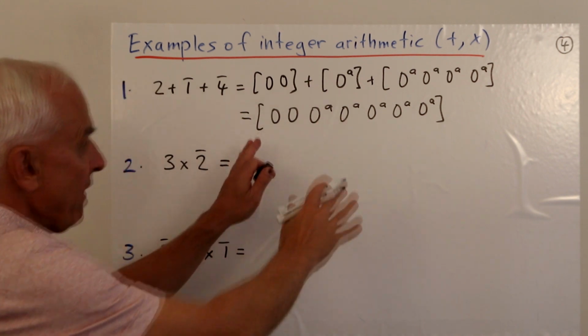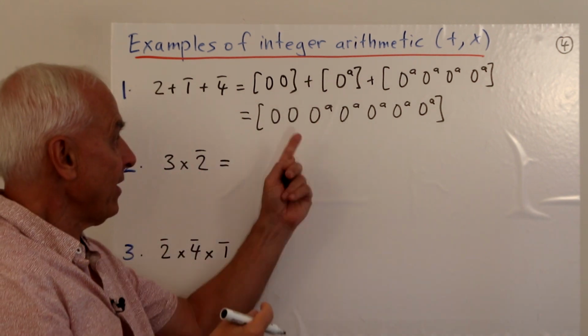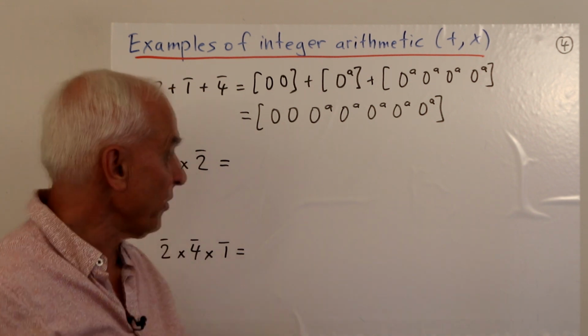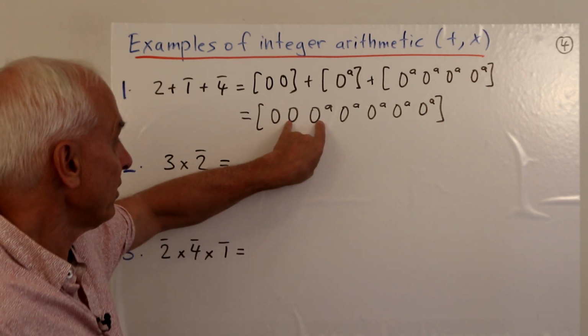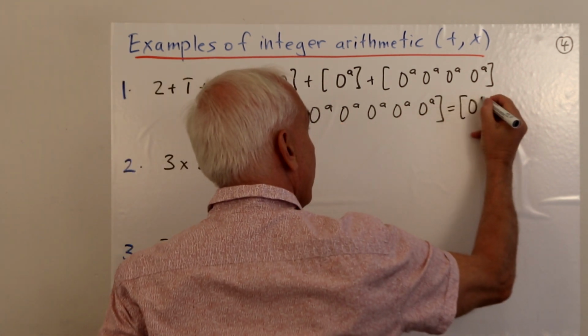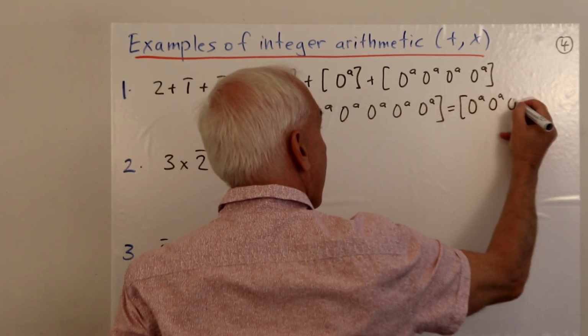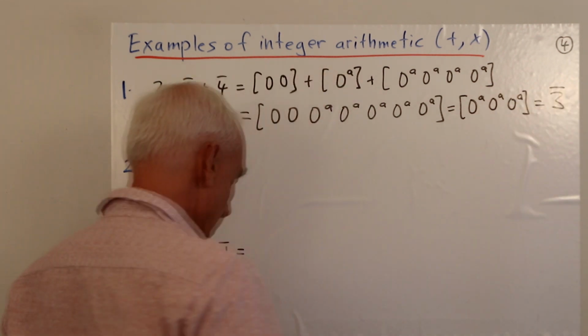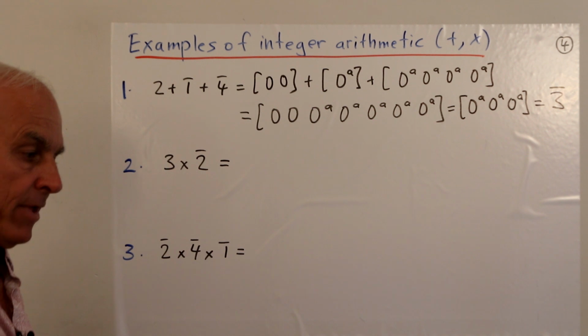And then once we have them all in an M set, then the zeros and the anti-zeros will mutually annihilate each other. So that pair will disappear and that pair will disappear, and we're left just with anti-0, anti-0, anti-0, which we recognize as 3 bar, or -3. Good.